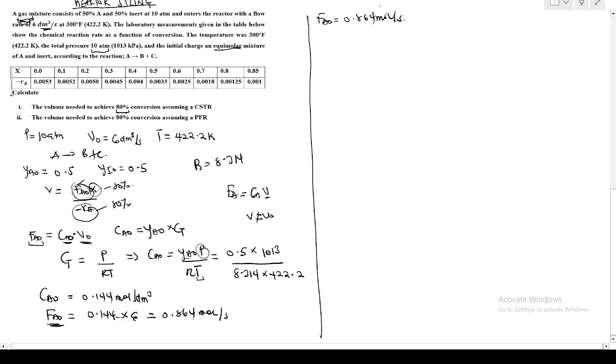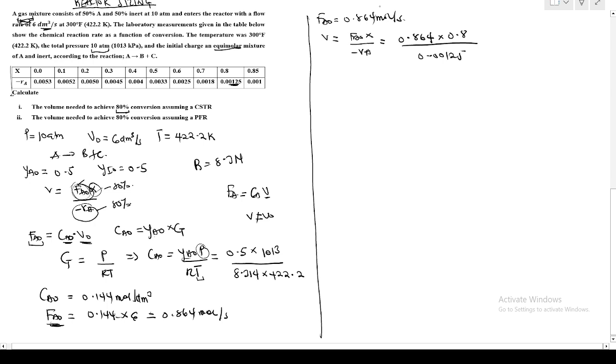Now to find our volume, we know that the design equation for a CSTR is just FA naught X all over minus RA. Our FA naught has been given. So we found our FA naught to be 0.864. And then our conversion is 80%, which is what we want. And our RA here is given as 0.00125, the rate to achieve an 80% conversion.